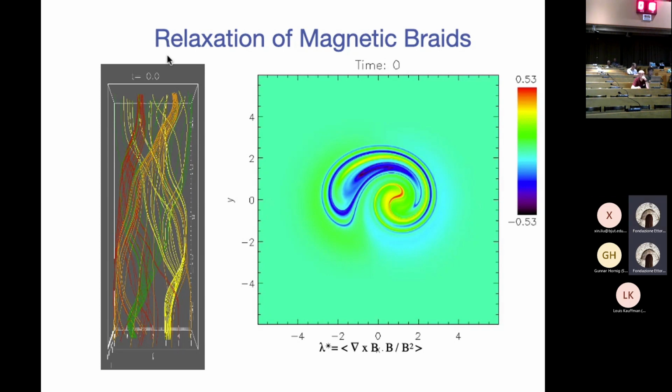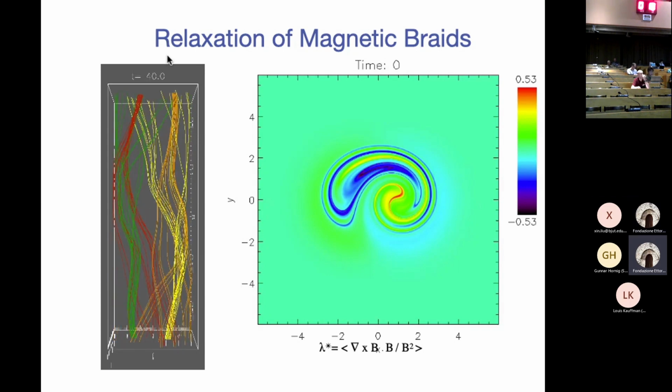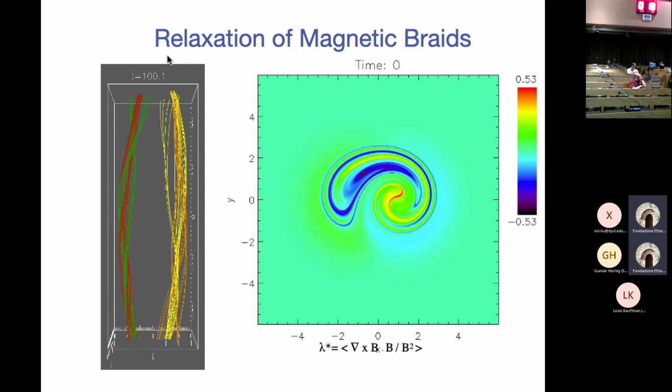Okay, so now I let this thing evolve, and what you see is that the field simplifies into a configuration where we have two twisted flux tubes inside our domain, one with right-hand twist and one with left-hand twist.